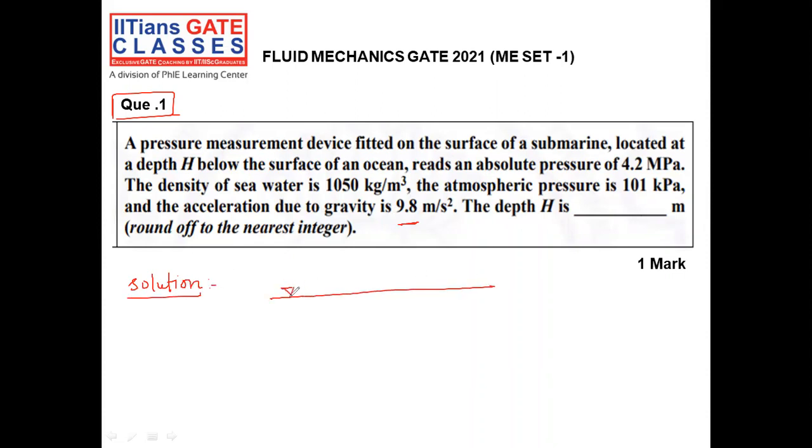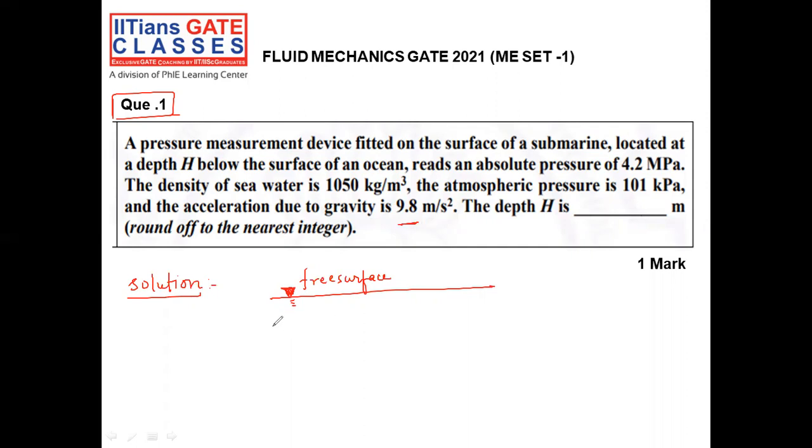So this is the free surface of the water. We represent the free surface symbol like this. What is the meaning of free surface? It is where no shear stress is acting on the fluid element.